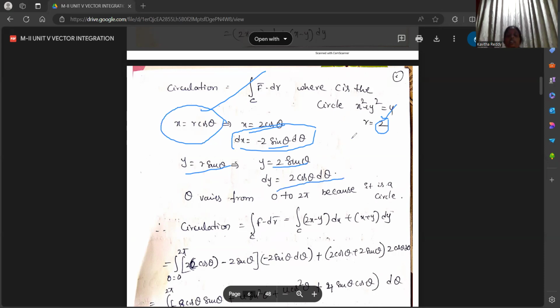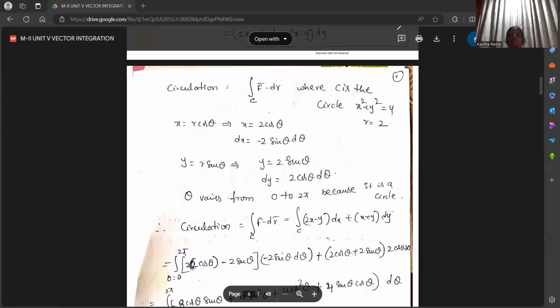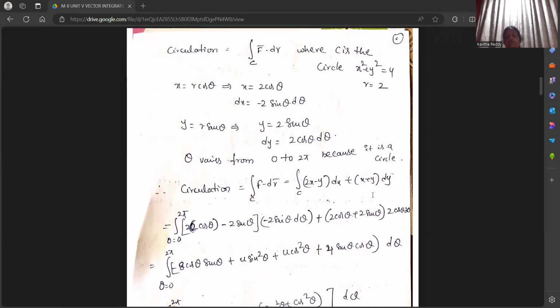Then it is a circle. In a circle, what is the angle? 360 degrees means 0 to 2 pi. For the circle, theta varies from 0 to 2 pi. So now after the dot product, in place of z put 0 and in place of dz put 0. Then you'll get the integral of 2x minus y dx plus y dy.